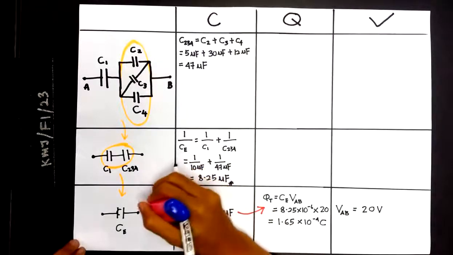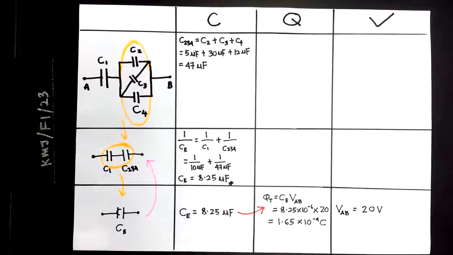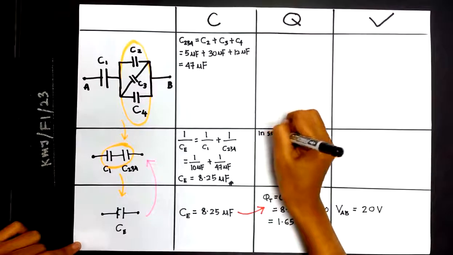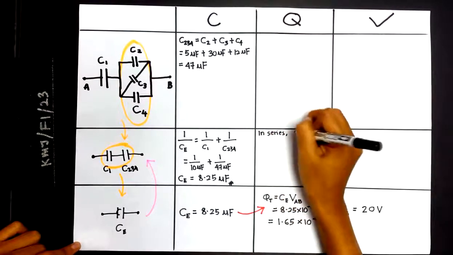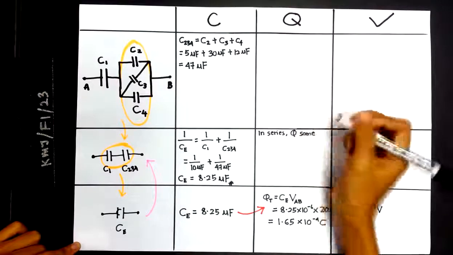Alright, in order to get the individual charge on each capacitor, we have to go one step backwards from our circuit. In the circuit, we have two capacitors that are arranged in series, and according to the concept for series combination, we know that the charge Q is the same for all capacitors.